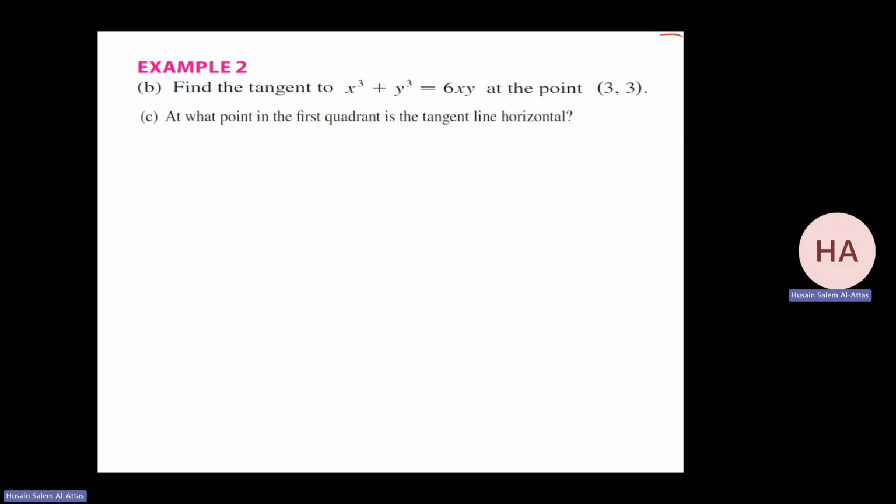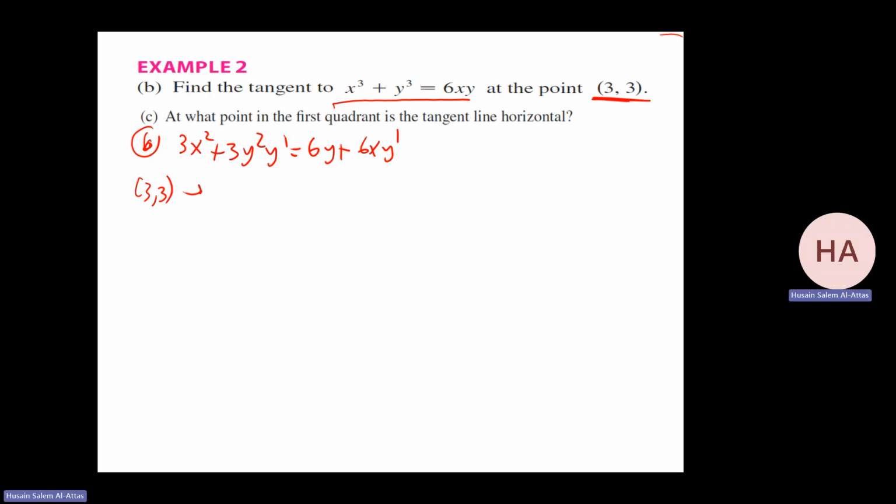This is horizontal. Okay. Find the tangent to this curve. Yeah, I have the point. Easy one, A or B. Differentiate: 3x squared plus 3y squared y prime equals 6y plus 6xy prime. Substitute 3 and 3.